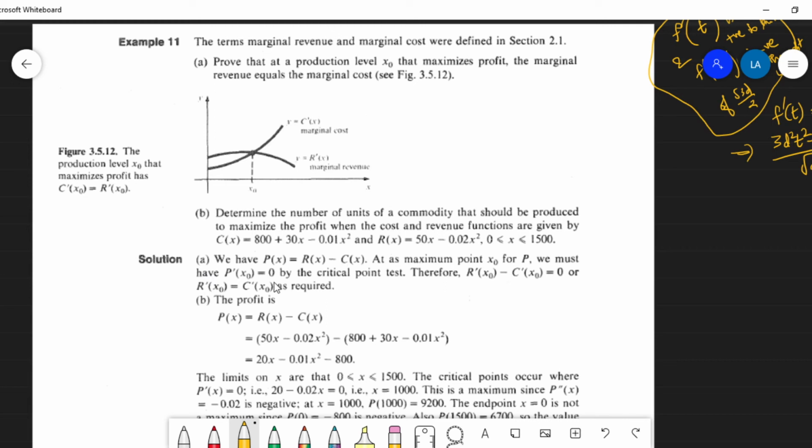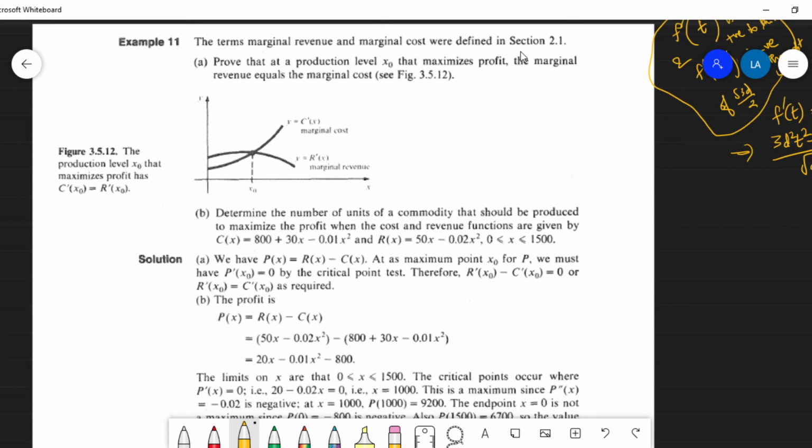Okay, this is a formula which you have to learn by heart. If you have the cost function as c of x and the revenue function as r of x, the production function p of x will be equal to the revenue function minus the cost function. So you have to keep that in mind. Don't think about the earlier portions.